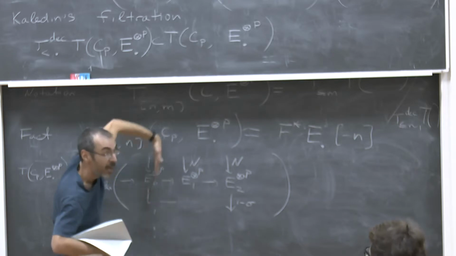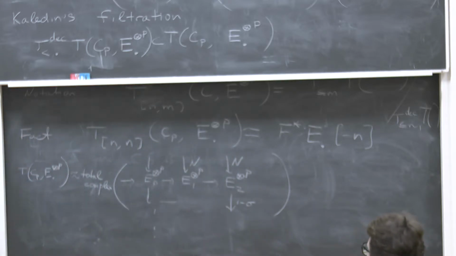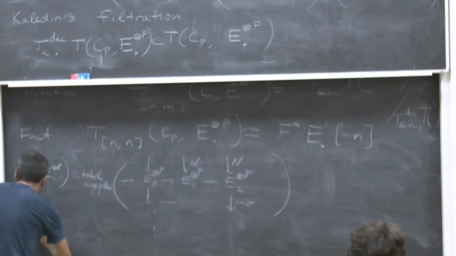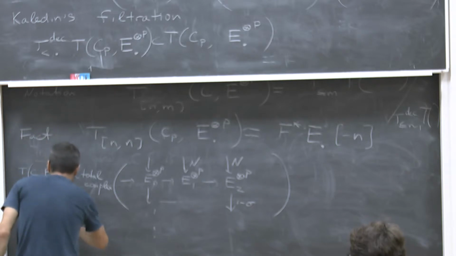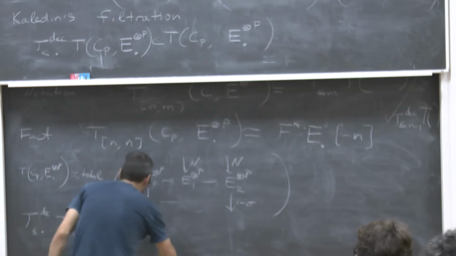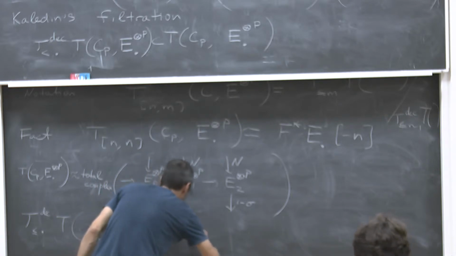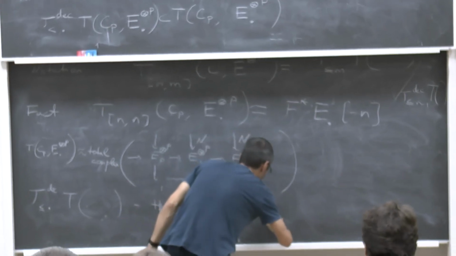So you take the canonical filtration of the complex. Okay? So T is a canonical filtration.